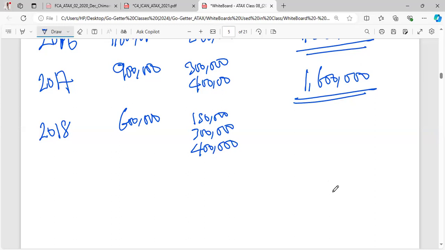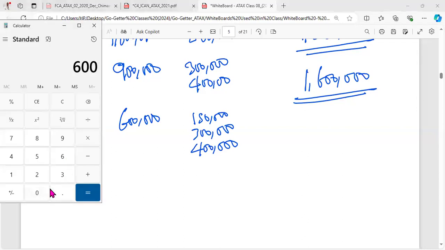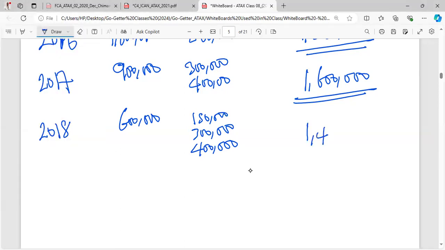When we add them together, 600 plus 150 plus 300 plus 400, that gives me 1.4 million. It is your capital allowance here, 1.4.